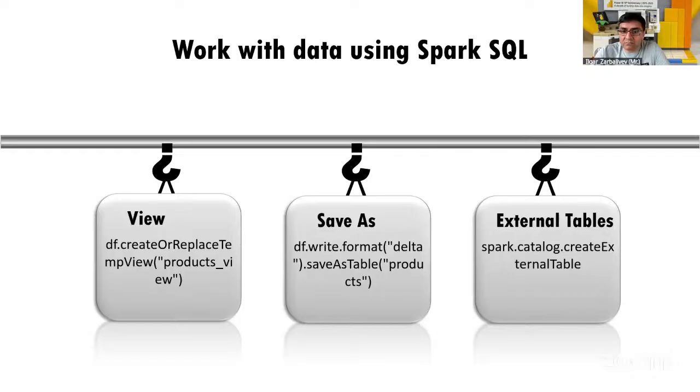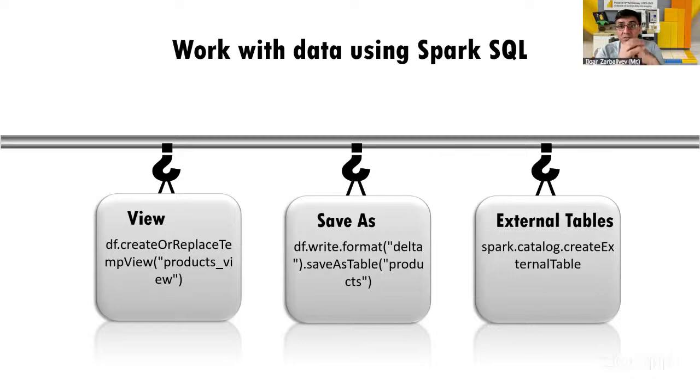For example, let's say that the following code saves a data frame as a new table, products. I will actually demonstrate that code a little bit later. So I would like to go back to give a little bit of info also about the Spark catalog, and then I will go on with demonstrating our code.